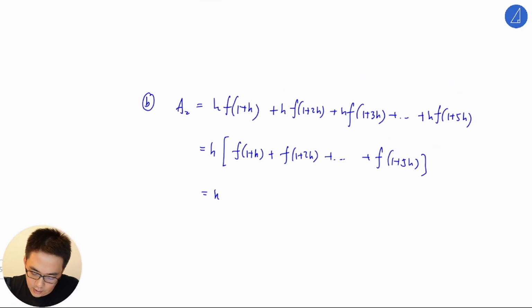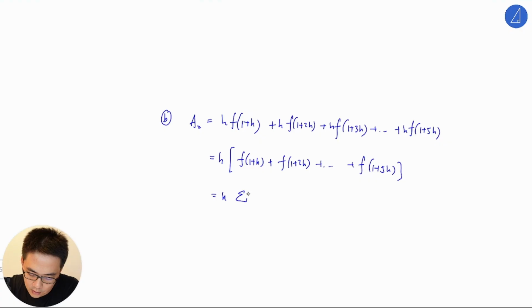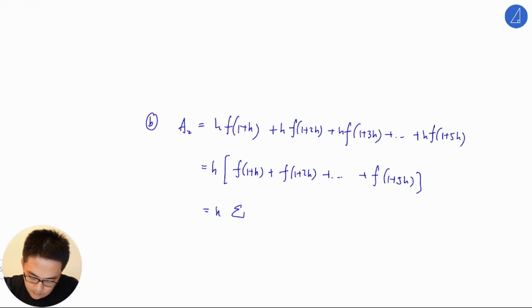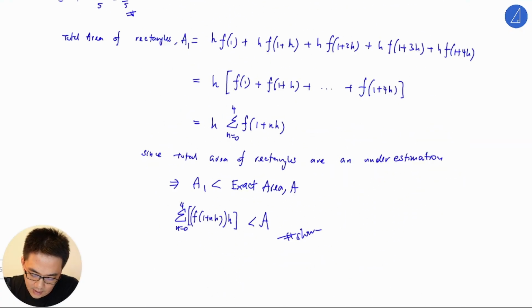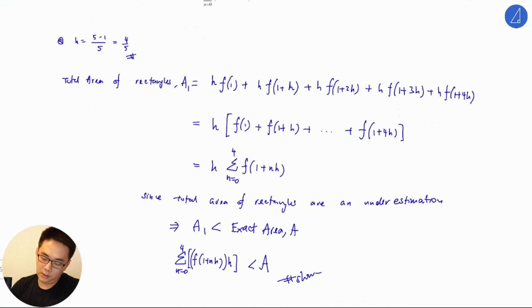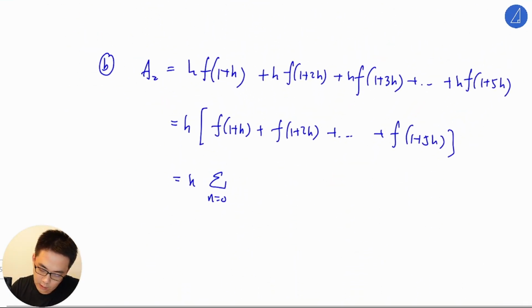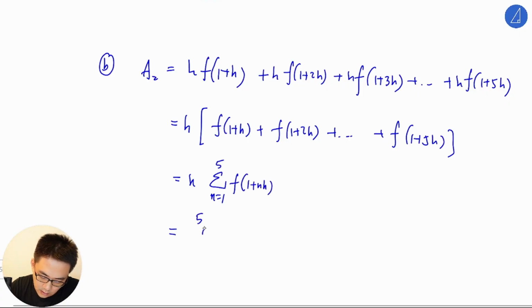Then you just want to write in the similar form. So this will be summation, n equals to 0. They use n, right? n equals to 1, sorry. n equals to 1 to 5, f(1 plus nh). So this is it.